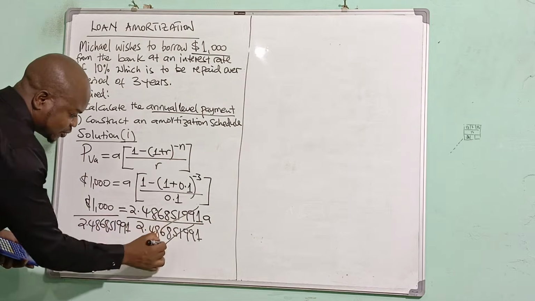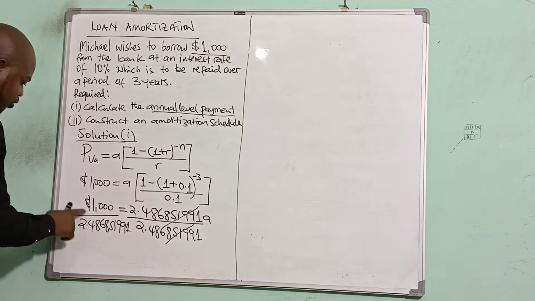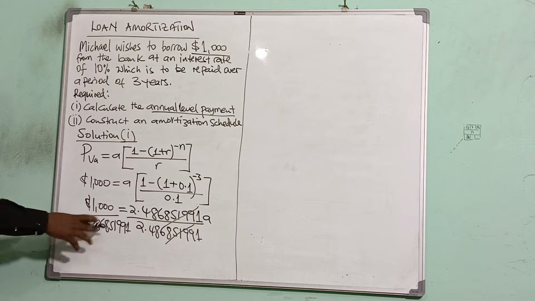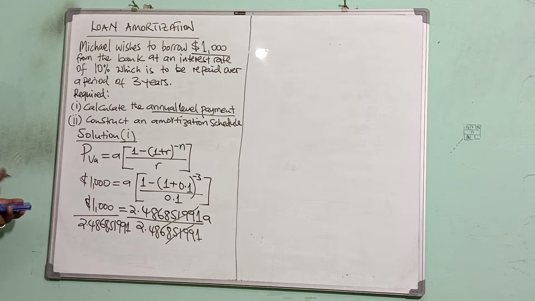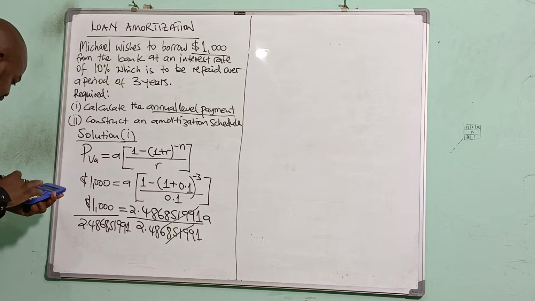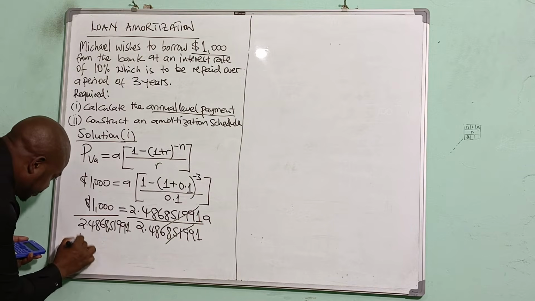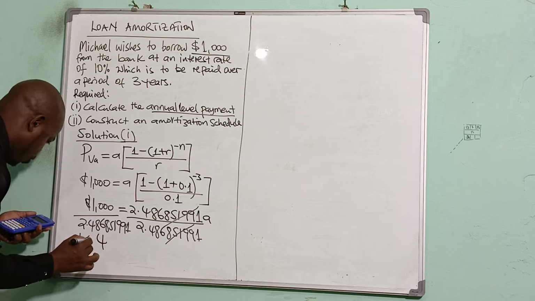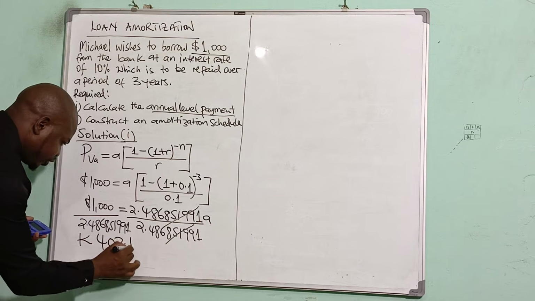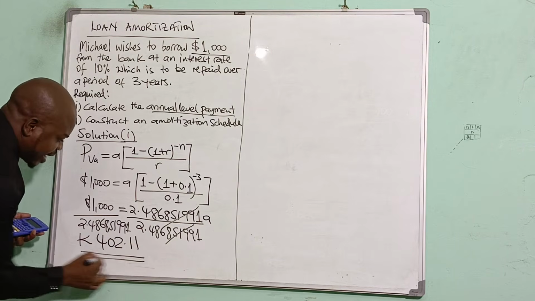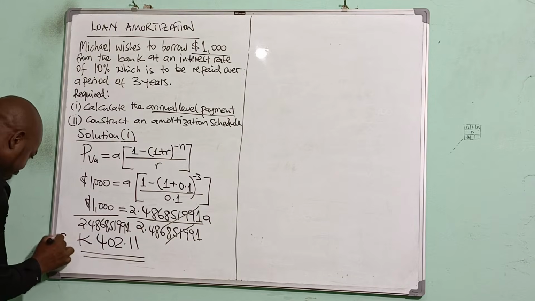Then I'll cancel that so that the A remains alone, and then I'll say 1,000 divided by 2.486851991. I'm repeating all the values because I want the accuracy here. So 1,000 divided by 2.486851991, I'm obtaining 402.11. This is my annual level payment, which is my A.